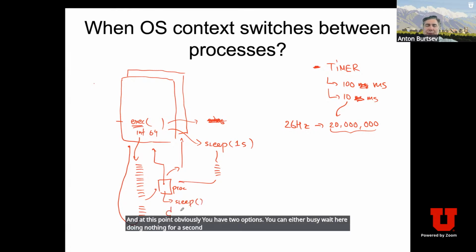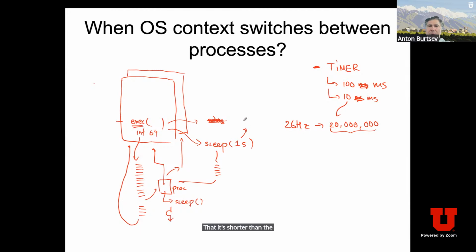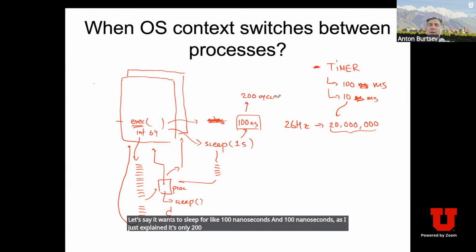That's one way to do it if the interval is shorter than the time required to implement a context switch. Let's say it wants to sleep for 100 nanoseconds, which, as I just explained, is only 200 cycles. We will not be able to context switch in under 200 cycles.